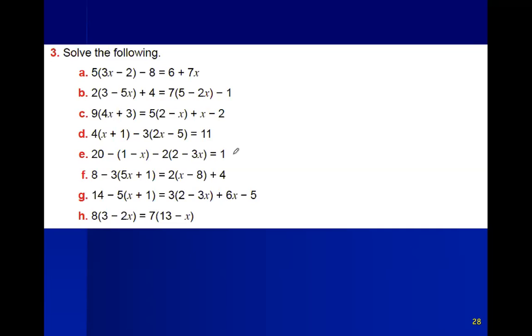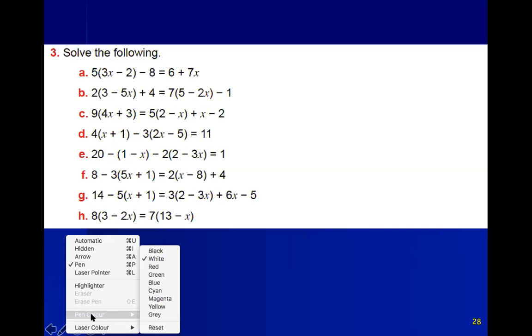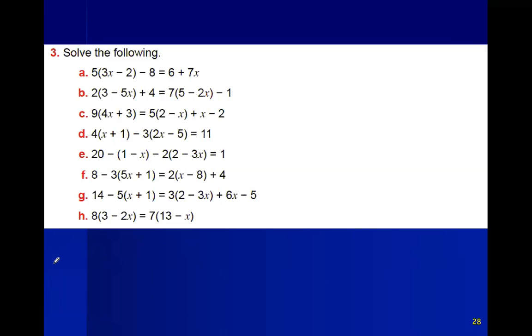Okay, so this should tell me that I'm going to do it on the blue side here. So E, basically for E, I've got 20 minus, so this is like a -1.